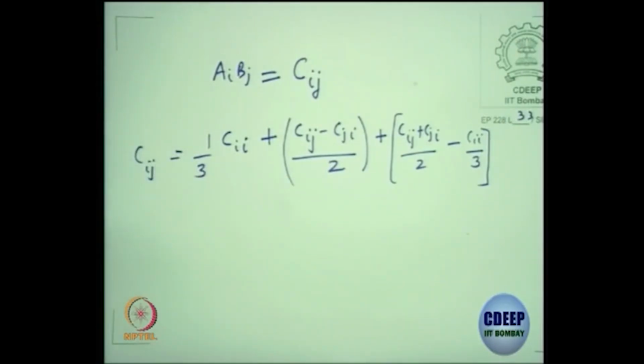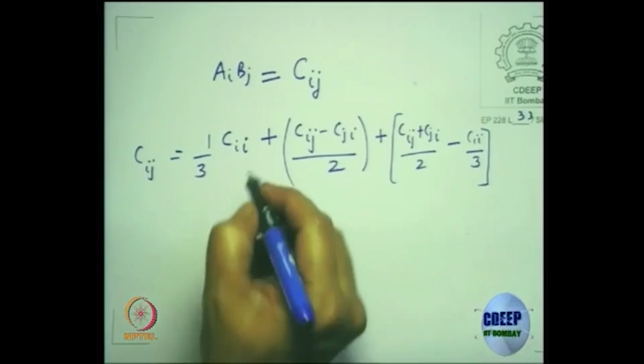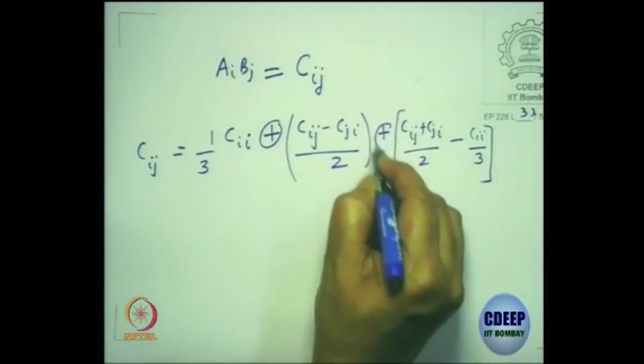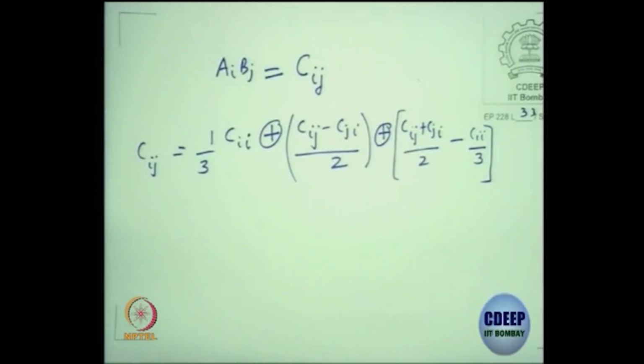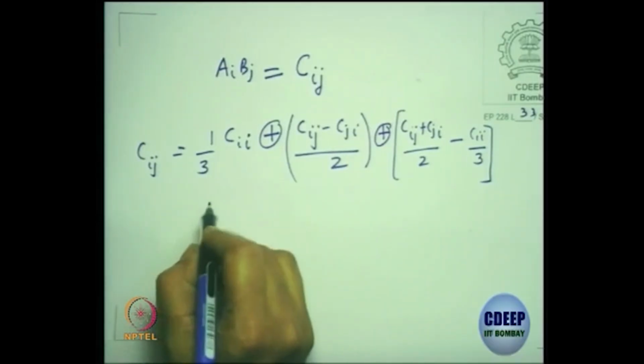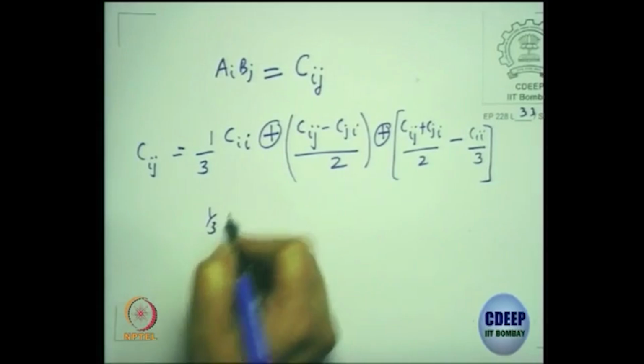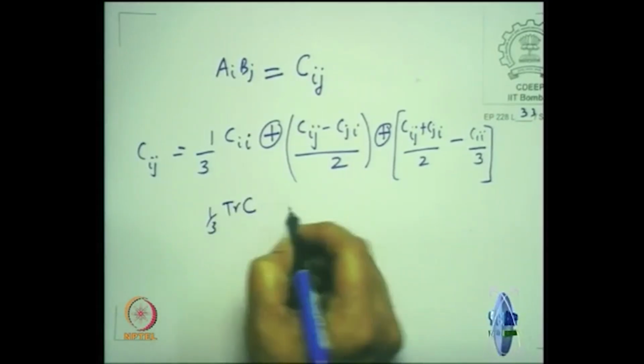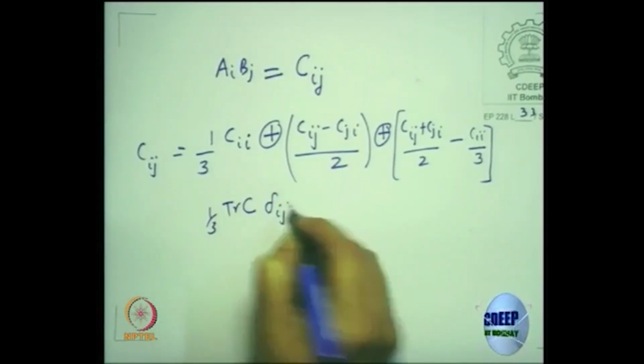Is this correct? I have not done anything. I have written the Cij in a little easy looking fashion. Nothing more I did. This I can write as 1 by 3 trace of C times delta ij.